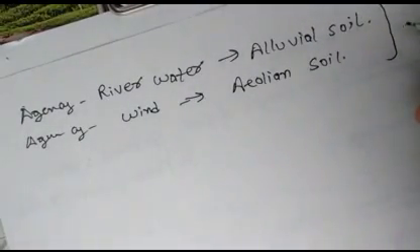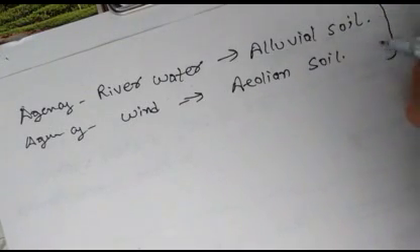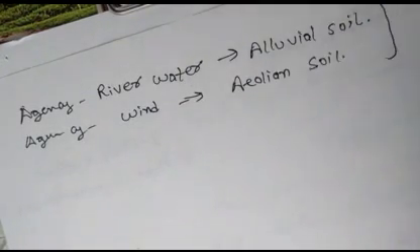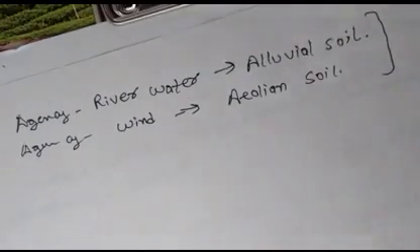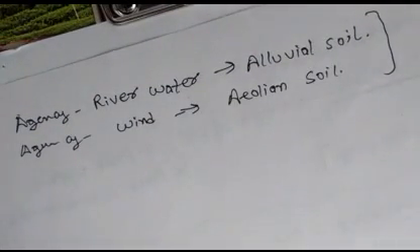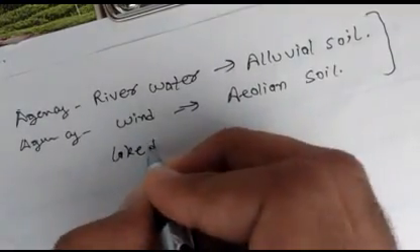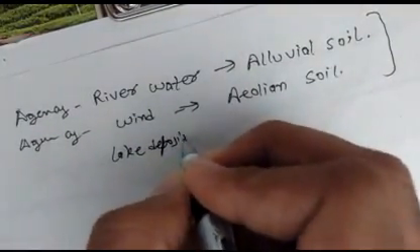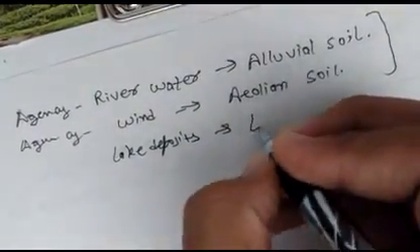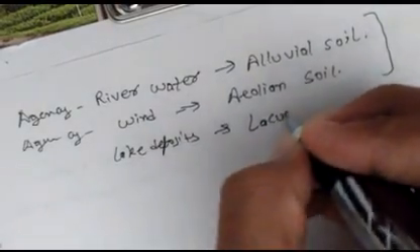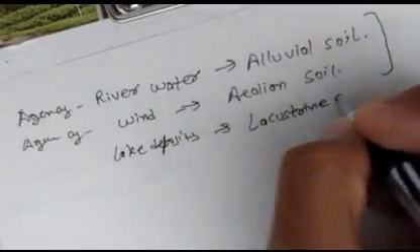And the size of soil which they can transport actually depends on wind speed and water speed. They can even carry boulder size, cobble size, or gravel or sand. It just depends on the speed of water, speed of wind striking the soil. Then we have even lake deposits which are termed as lacustrine soil.